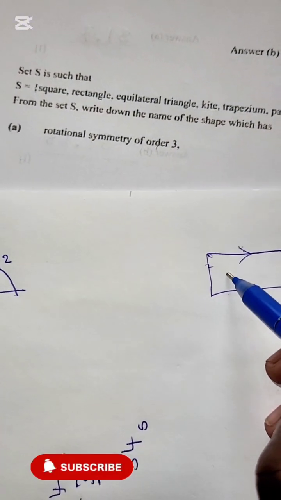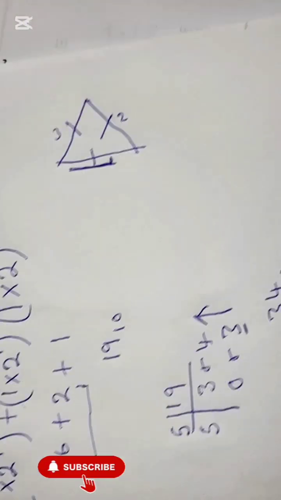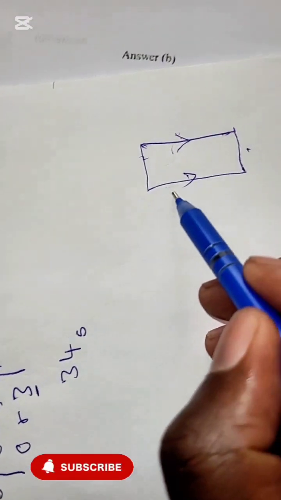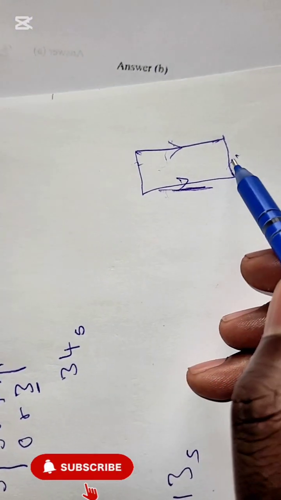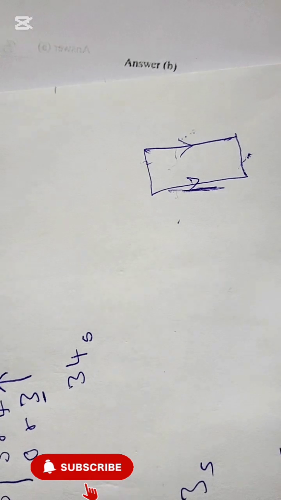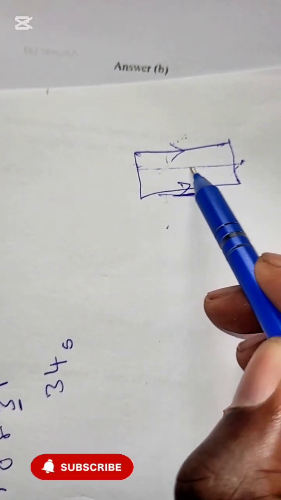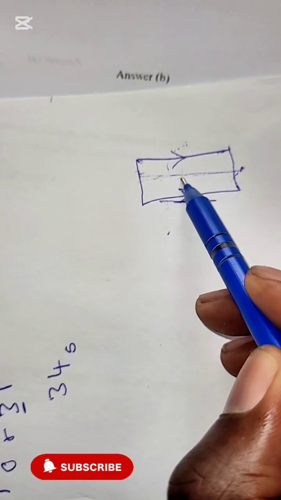So when you are saying rotational symmetry of order 2, you're saying if we rotate it from this point here, we move 1, 2 to get to the same position. Okay, the lines of symmetry, that's 1, and 2.